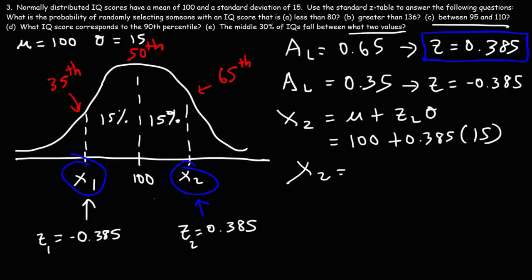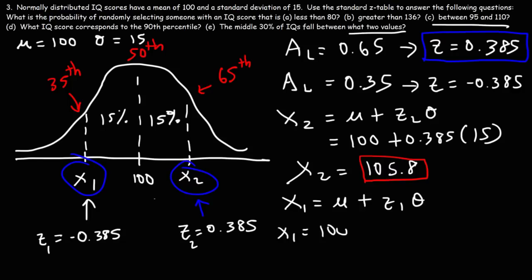And so x2 is 105.8 if you round it. The exact answer that I got in my calculator is 105.775.